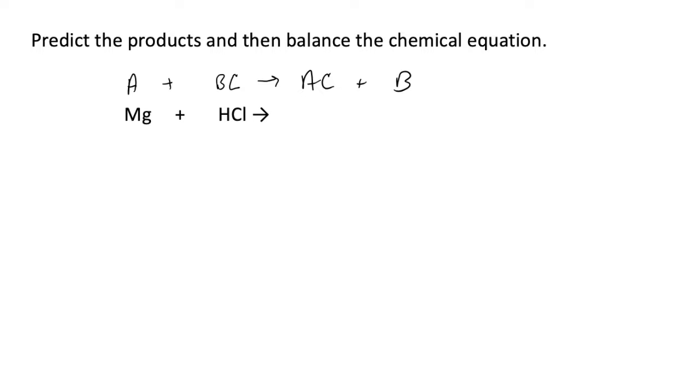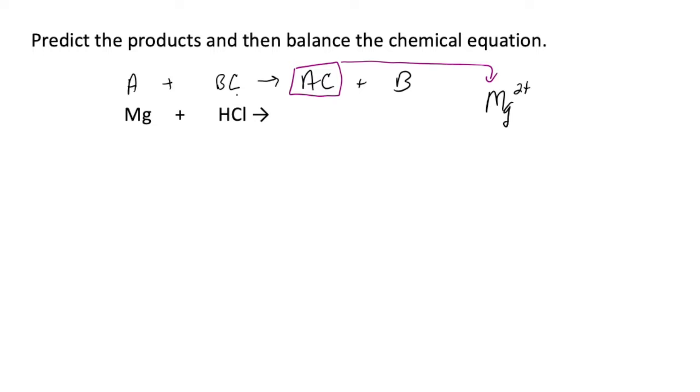Now, before I write my new product in the products area of the chemical equation, I'm going to do a little work on it over here. A is magnesium. And if we look at the periodic table, we will know that magnesium has a 2 positive charge because it's a metal, it has 2 valence electrons. It wants to lose those 2 valence electrons, which will give it a 2 positive charge.